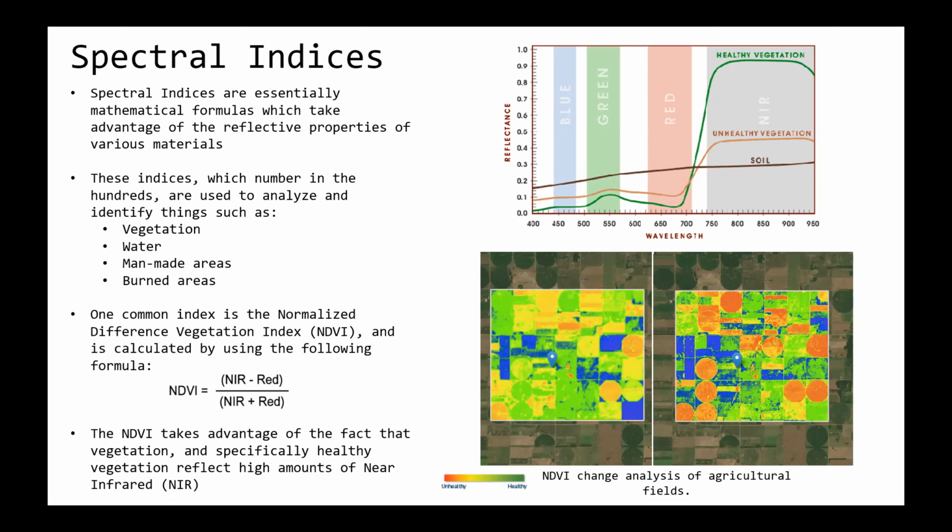You can see this in the bottom right image here, where darker green represents healthy vegetation, yellow and red areas represent unhealthy vegetation, and blue actually represents just bare soil. That's an agricultural field, and one of the common uses of NDVI is what they call precision agriculture. You can measure the health of your crops from satellite or drone imagery. Pretty useful technique.